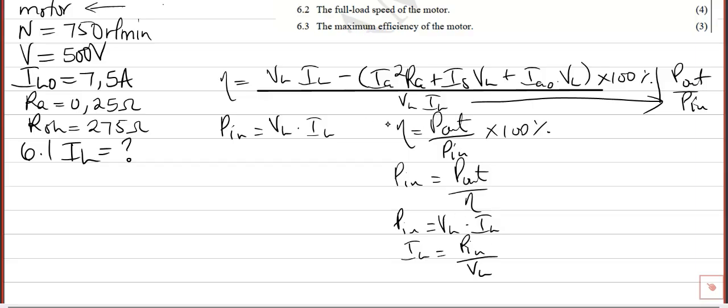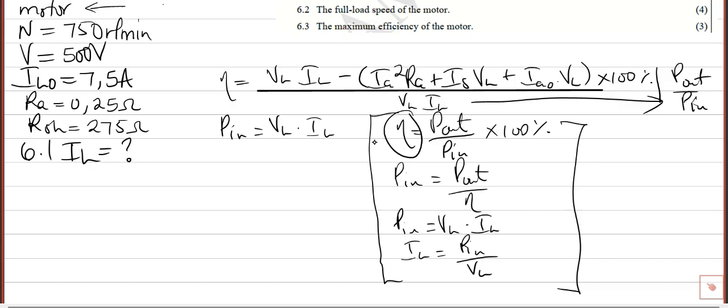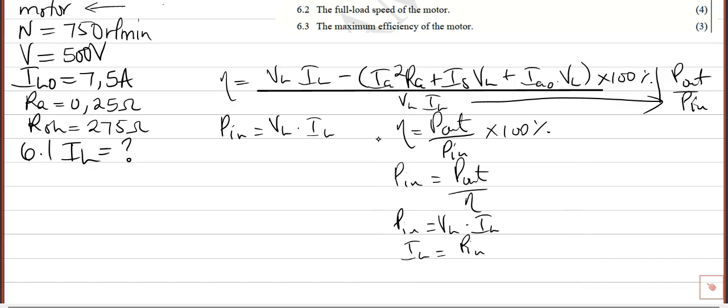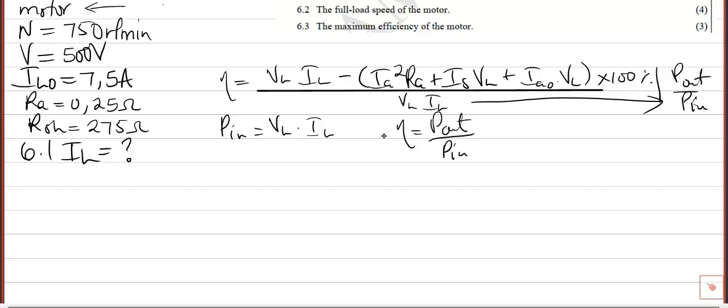So we can't go about these steps I've written this side only because they did not give us efficiency. So the alternative method is this. We were given output power.